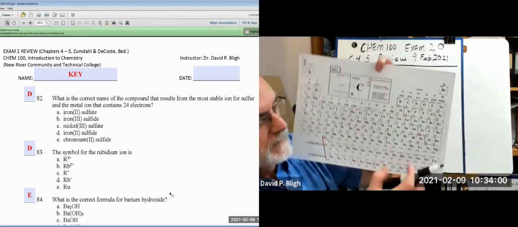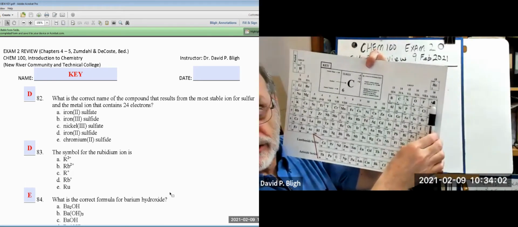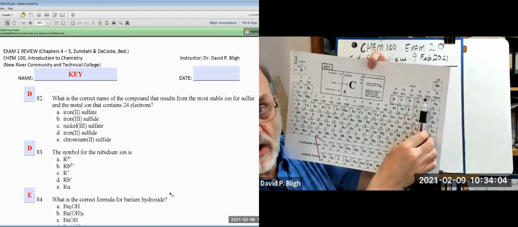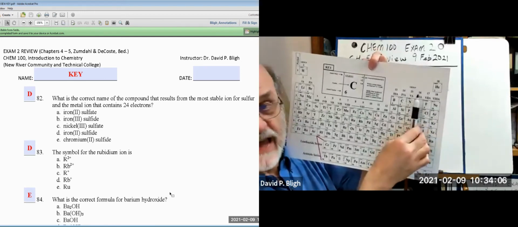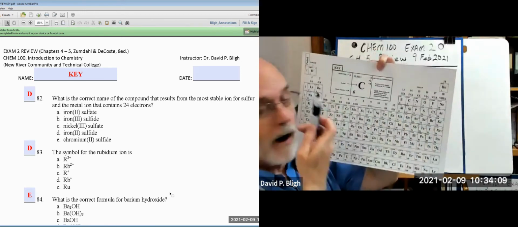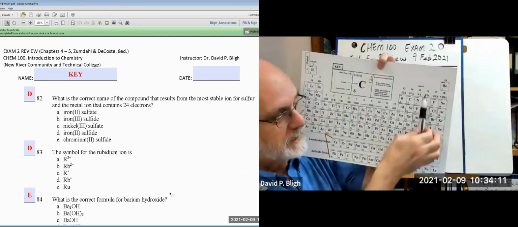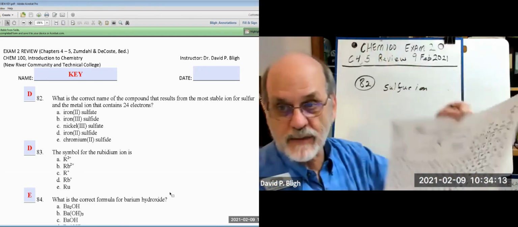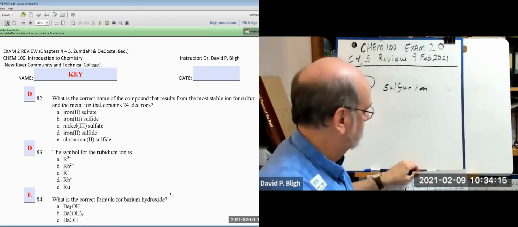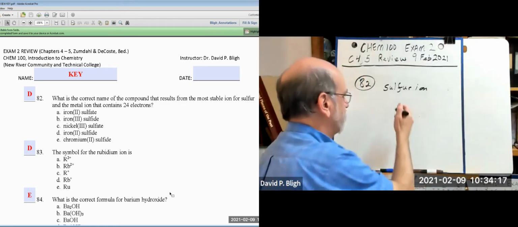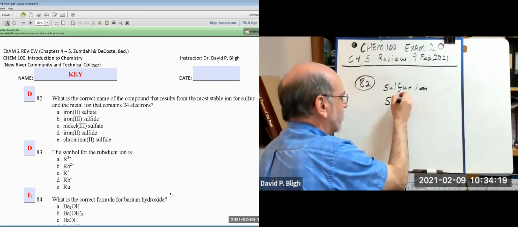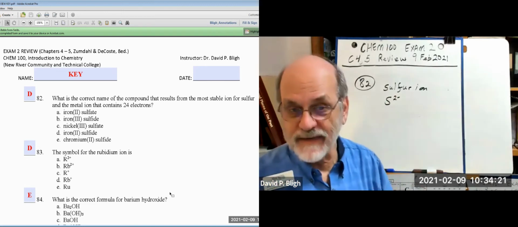Look at the periodic table. Noble gases are neutral. Halogens are -1, to the left, the chalcogens under oxygen are all -2. So sulfur has the most stable ion, 2-. Now we're going to combine that with what?